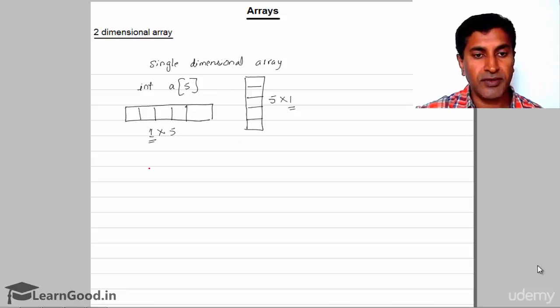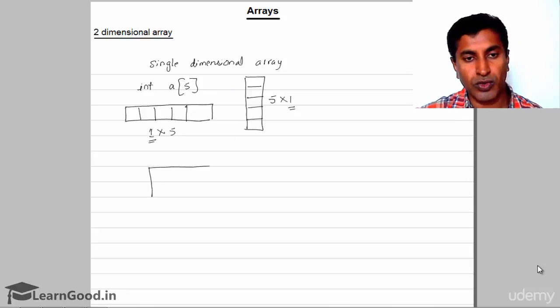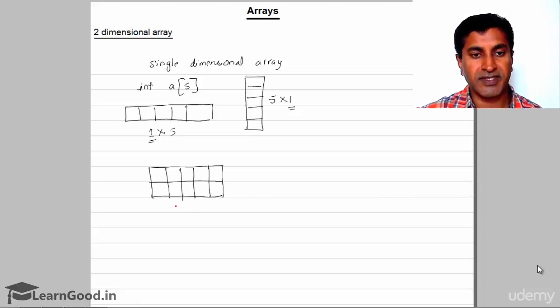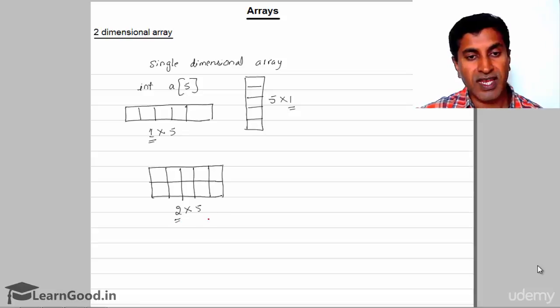But in some cases, if you want to store 2 rows and each row is going to be of 5 columns, 2 rows with 5 columns, that means the order is going to be 2 cross 5. So here row as well as column are both greater than 1. In such cases we call it a 2-dimensional array.